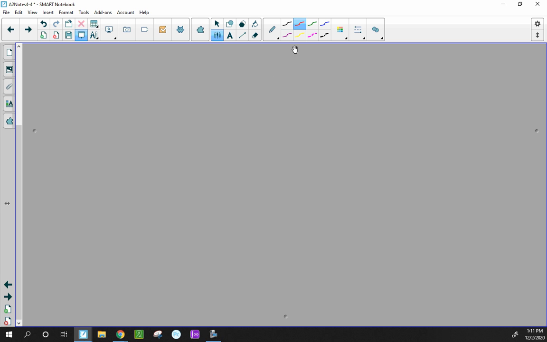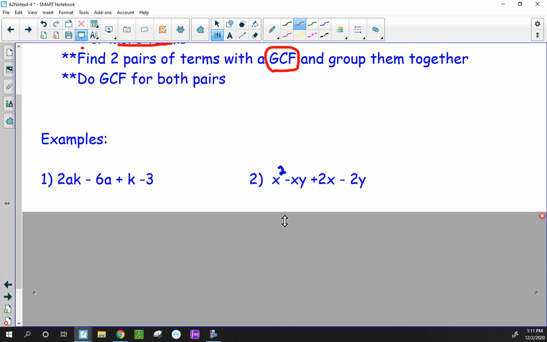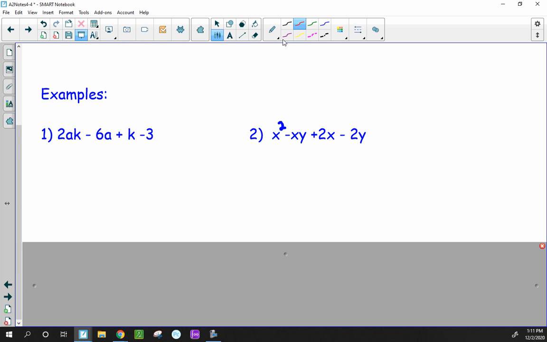Okay, we're going to look at example 1 right now. And as I scan my first problem, I notice there are 4 terms. This is a polynomial.